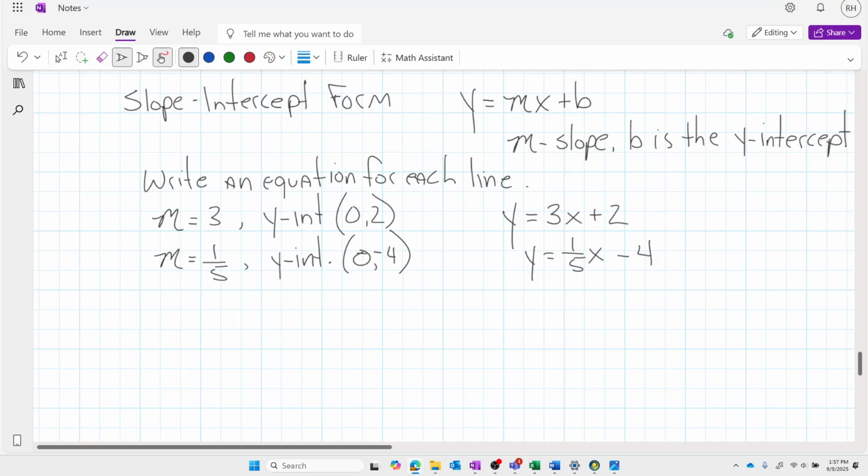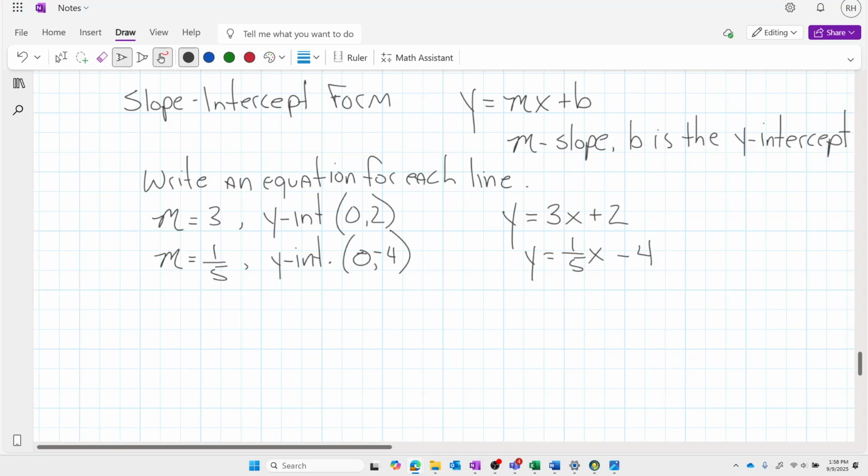So any questions on writing an equation? Slope-intercept form is just the letter y, equal sign, the slope, just the letter x, and then the y-intercept.